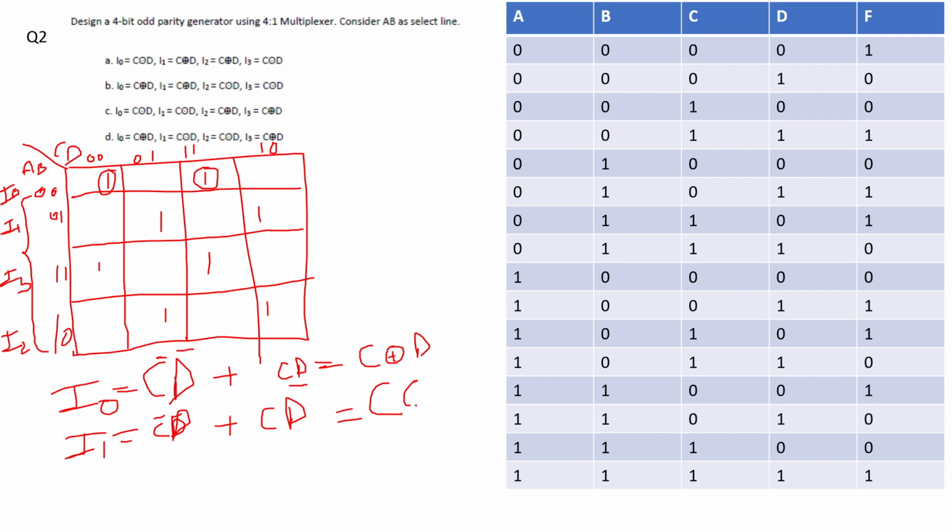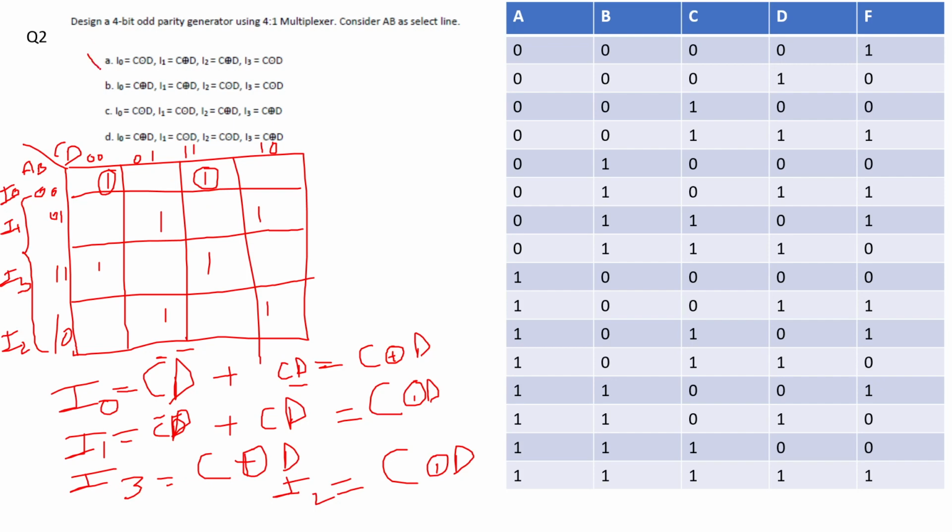So it's C XOR D. Then I have I3, which is for the case 1, 1. So I3 will again be equal to C XOR D. Similarly, I2 will be the same as for I1, C XOR D. So I0, I1, I3 and I2 are all equal to C XOR D.